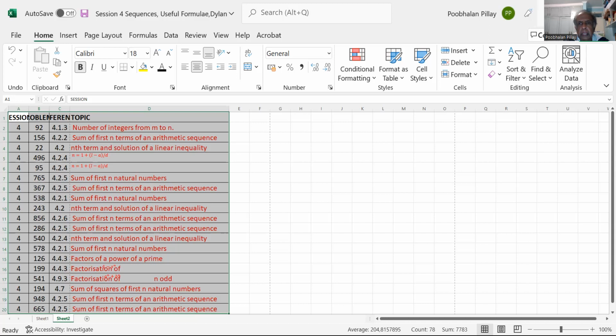So the question is, what is the value of n? Now to do this, we need to know something quite important, and I'm going to tell you what it is.